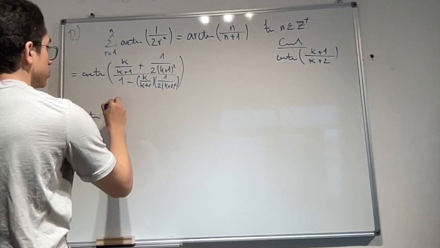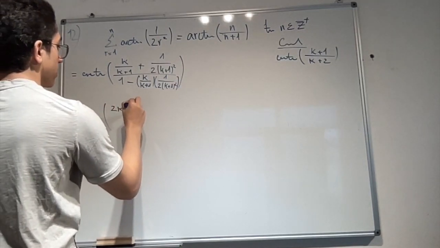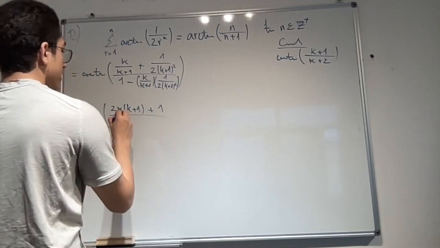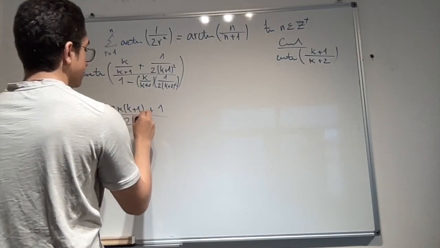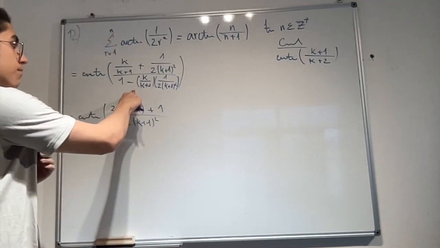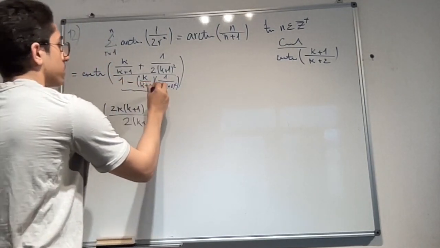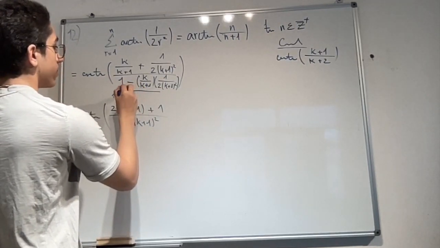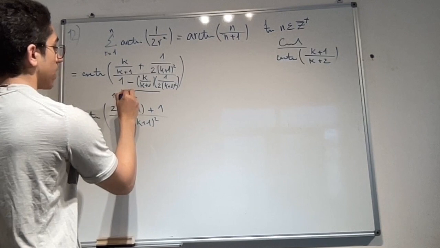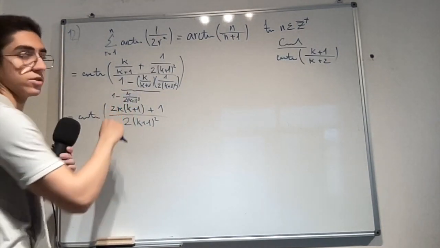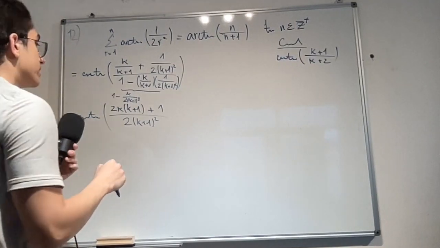So it's going to be 2k(k plus 1) plus 1 over 2k plus 1 squared. Now, what about this? Well, this is 1 minus k over 2k plus 1 cubed. So the common denominator is going to be 2k plus 1 cubed.